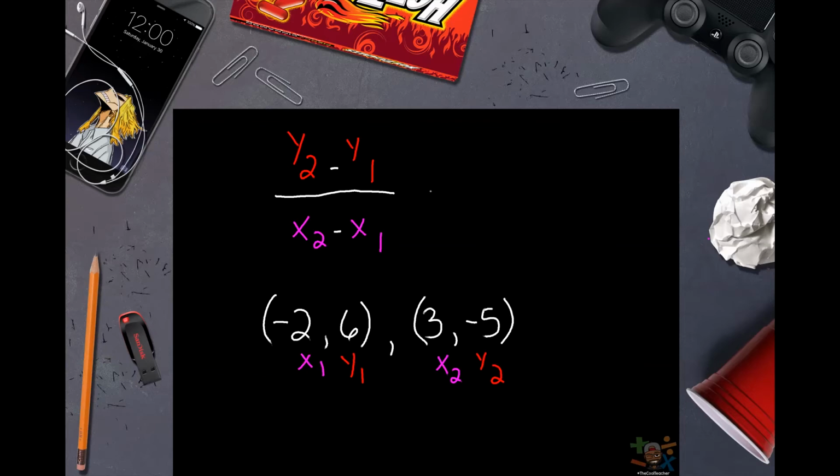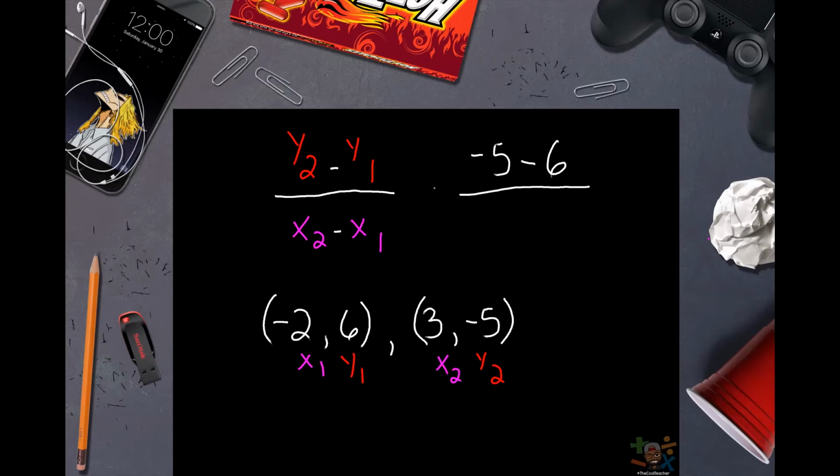So it's going to be y2, which is -5, minus y1, which is 6. -5 minus 6. Where did I get that from? y2, which is -5, minus y1, which is 6.